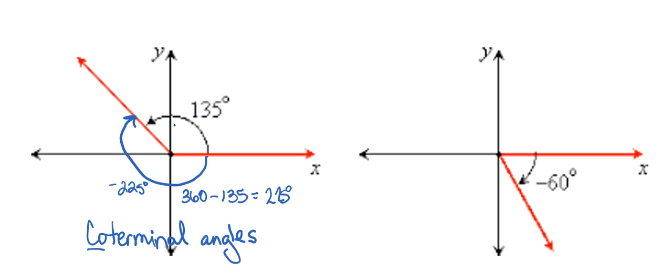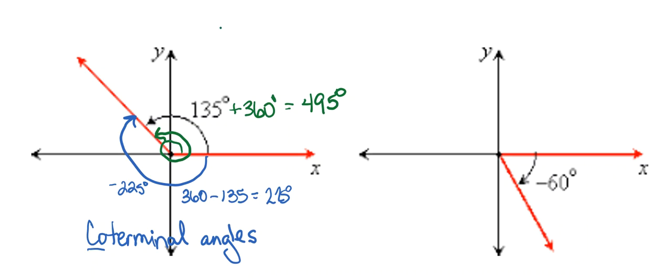So another positive one would be to stay here, go up, go all the way around, come back, and still end up at that terminal side. My new one in the green there is 135 plus 360. So the green angle would be 495. It's another coterminal angle to 135.